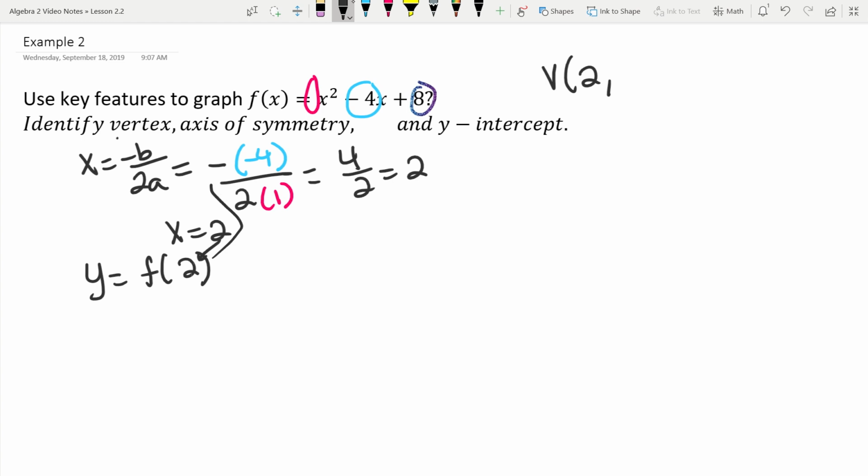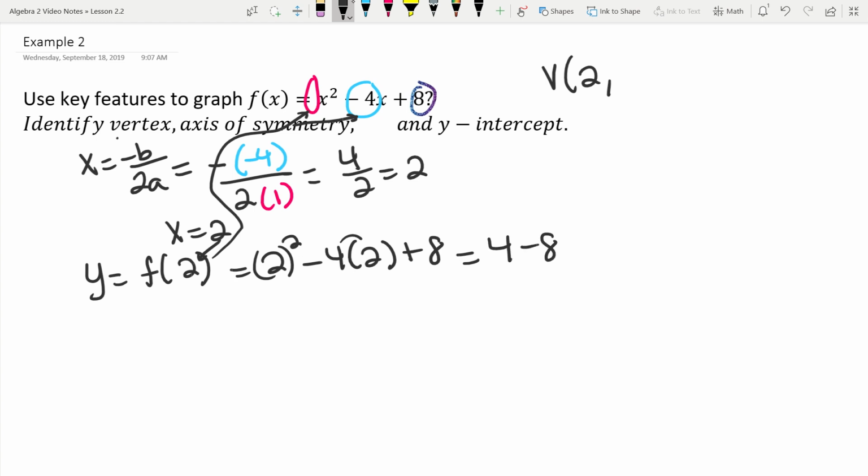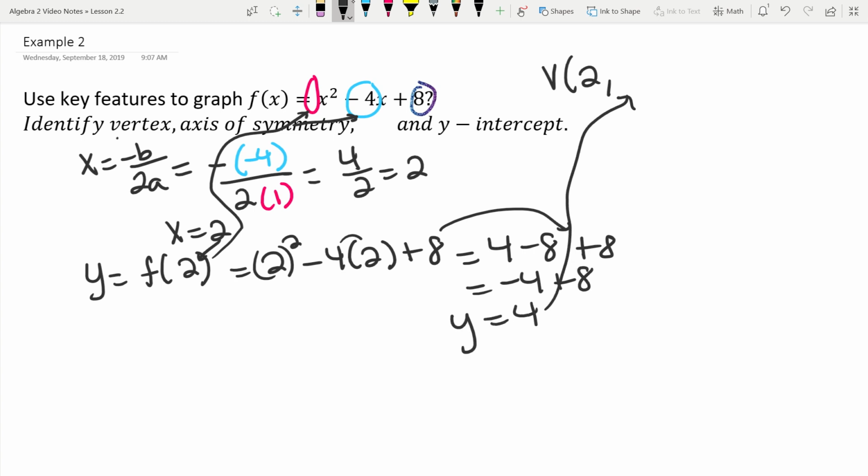So we're going to plug this in to both x's. So we got 2 squared minus 4 times 2 plus 8. So 2 squared is 4. 4 times 2 is 8. And then we got a plus 8 over here. So 4 minus 8 is negative 4. Negative 4 plus 8 is 4. So our y equals 4. So now we know our vertex.